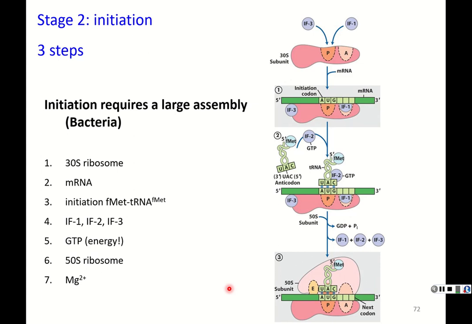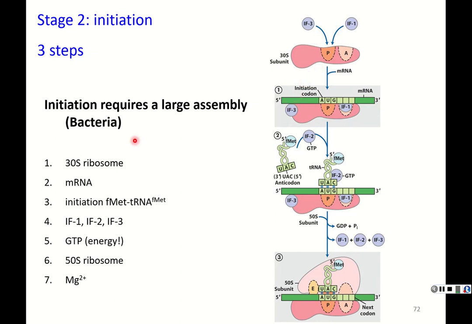Okay. So initiation happens in three steps. This figure is specific to bacteria. We're starting with the 30S subunit, the small subunit.